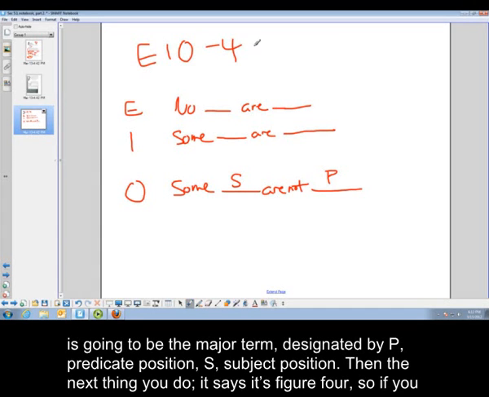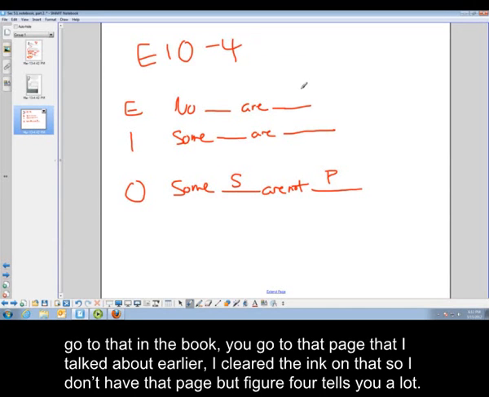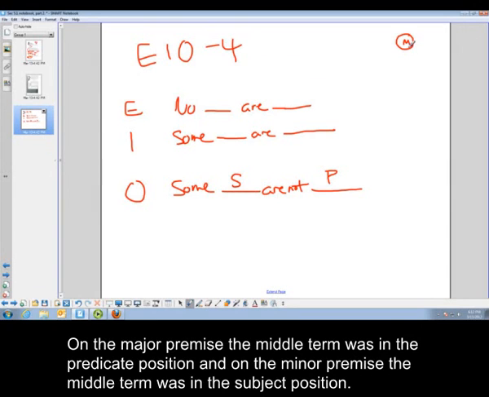Then the next thing you do, it says it's figure 4. So if you go to that in the book, you go to that page that I talked about earlier. I cleared the ink on that so I don't have that page. But figure 4 tells you a lot. On the major premise, the middle term was in the predicate position, and on the minor premise, the middle term was in the subject position.